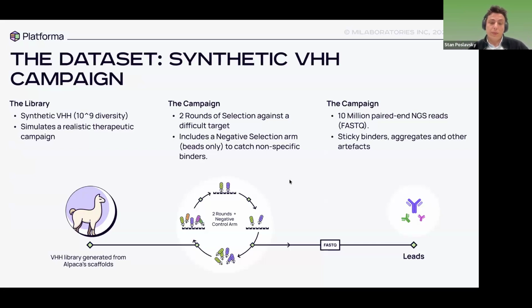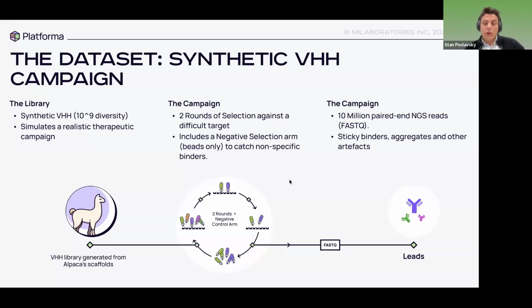There were two rounds of selection against a difficult target, and a crucial thing that we always recommend to antibody discovery people is to use a negative selection arm or negative control. In this case, it was just a beads-only selection to catch occasional non-specific binders, and that's, as I will show you, extremely useful and extremely important to have this negative selection arm to get real leads.